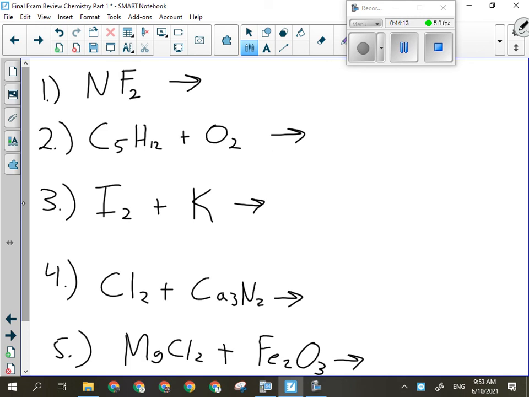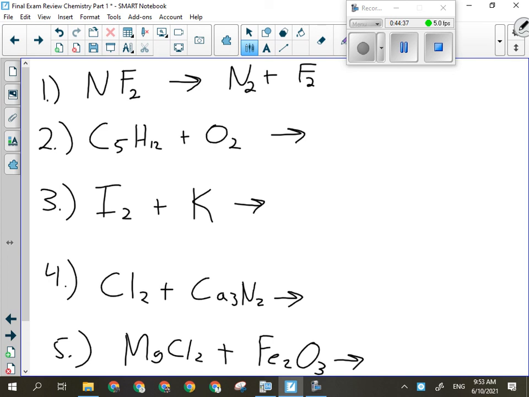So I'm going to have nitrogen as well as fluorine being formed as a result of this decomposition, both of which are polyatomic, molecular elements. Fluorine comes as a 2 and nitrogen comes as a 2 when they're by themselves.